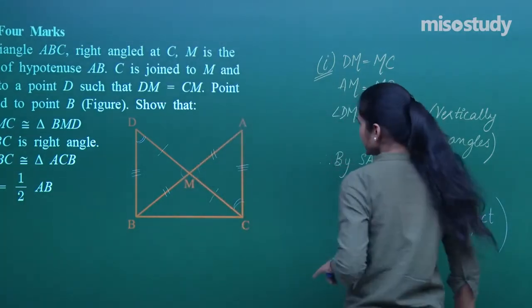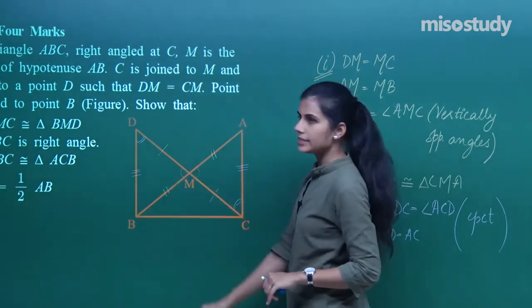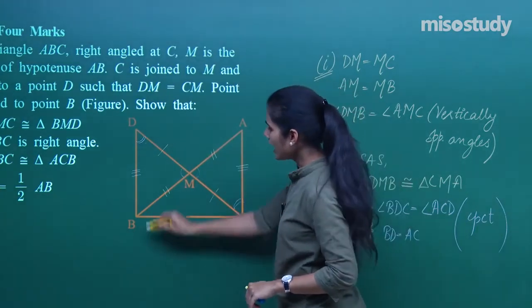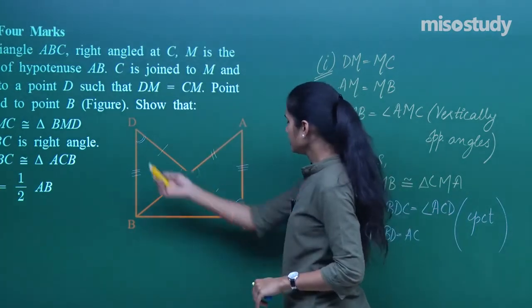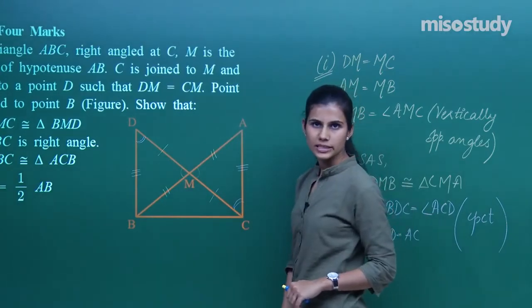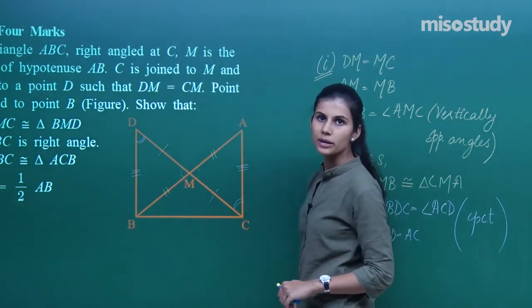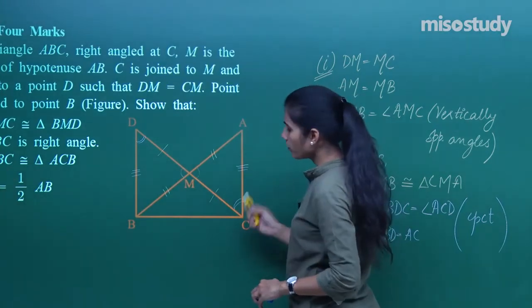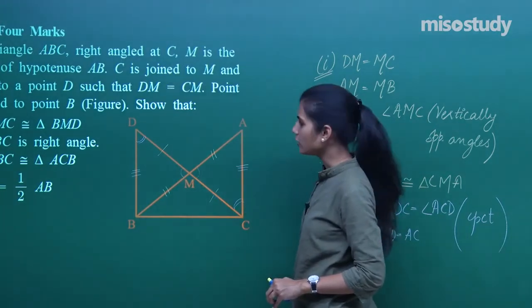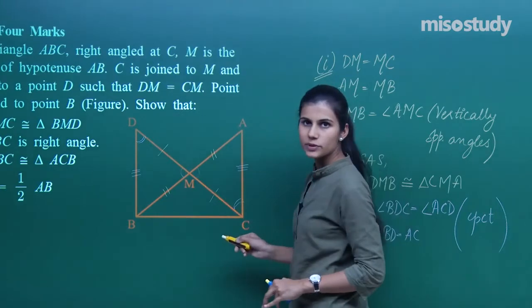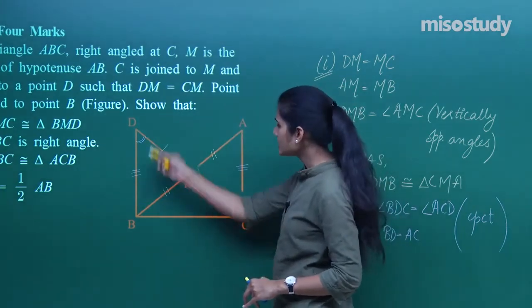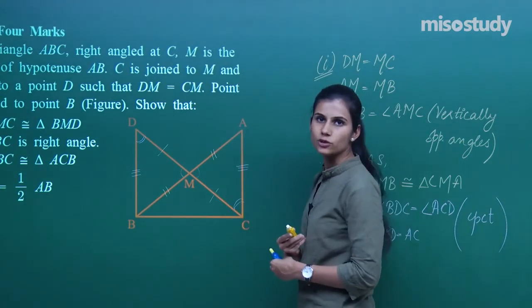Because BDC and ACD, you can clearly see, if I talk about line DB and line AC, then DC line is acting as a transversal, thereby giving rise to alternate interior angles which are being equal. Therefore, the moment one pair of alternate interior angles is equal, this transversal is not just cutting any two lines DB and AC, but it is actually cutting two parallel lines.